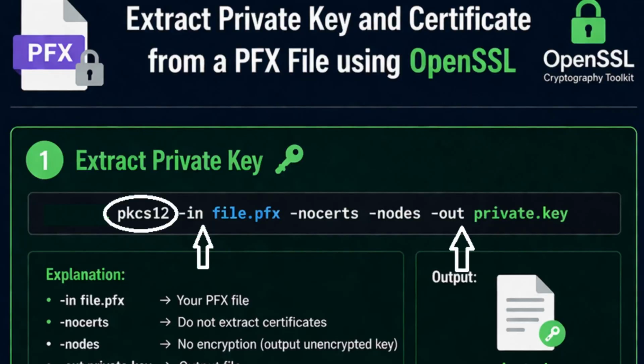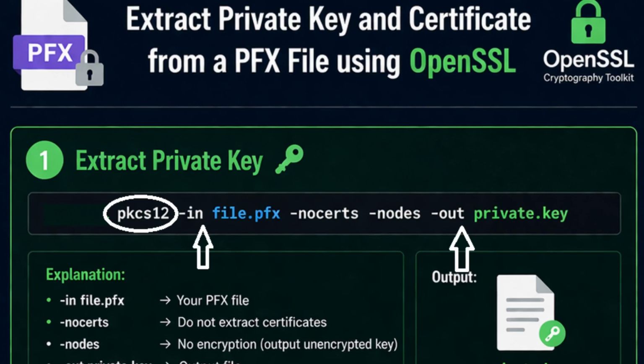So in this session, we are going to utilize OpenSSL for all these kinds of tasks when we are dealing with the SSL certificate. When we are going to deploy the commands, the first command component is pkcs12.